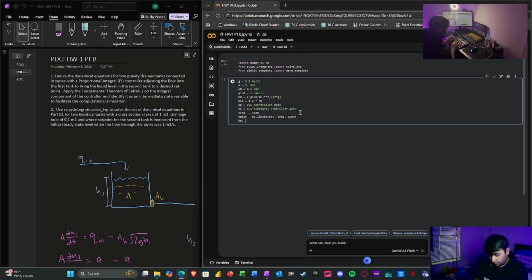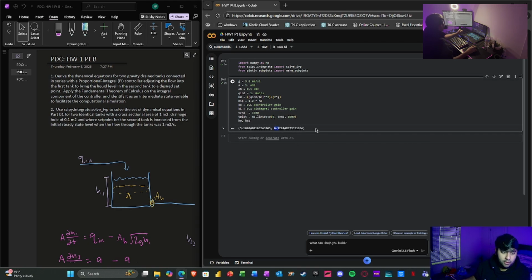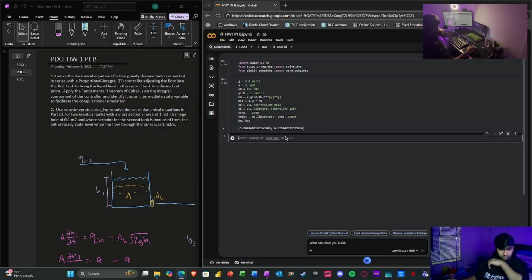And then we're just going to find out what our two values are looking like. So 5.1 is our initial height that we're given, and then 6.12 is our set point. This is what we're trying to reach. So, excuse me, let's get started.